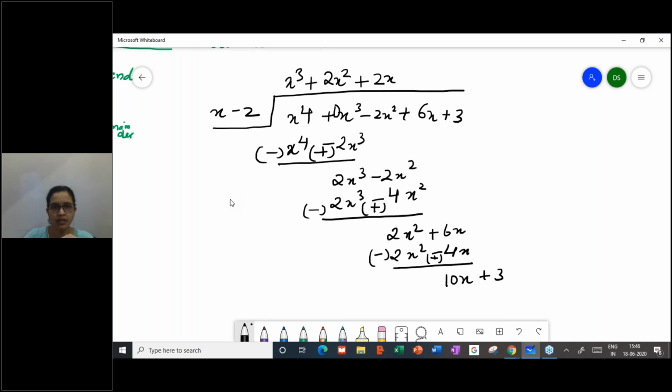For 10x, I multiply by 10. So I get 10x minus 10 twos are 20. Sign change, plus, this gets cancelled. You are left with 23. So this is how you do long division.